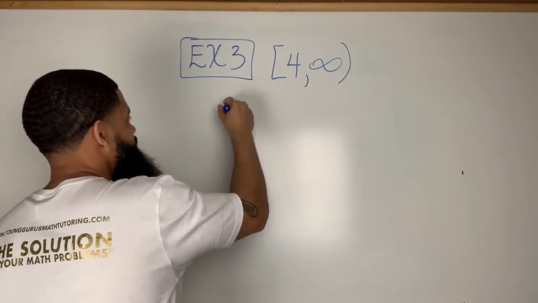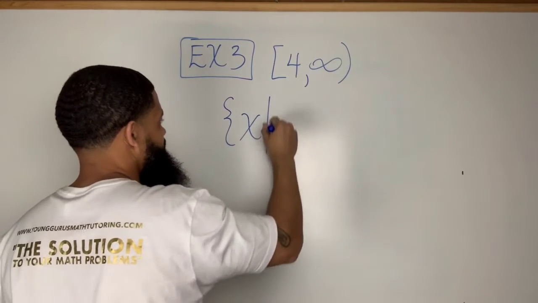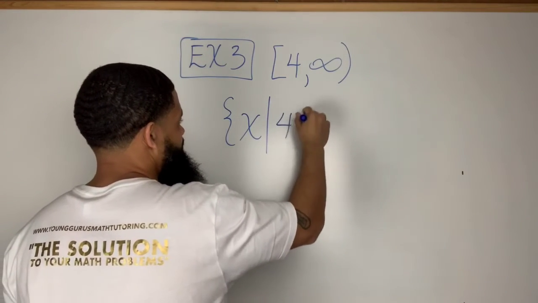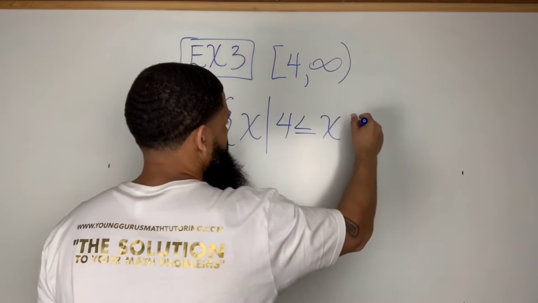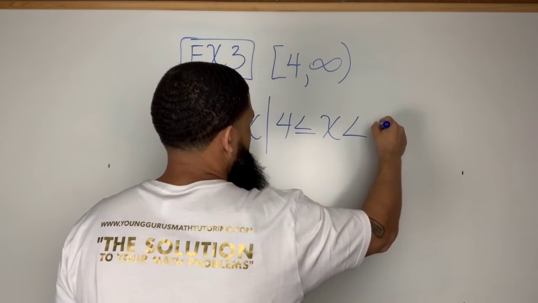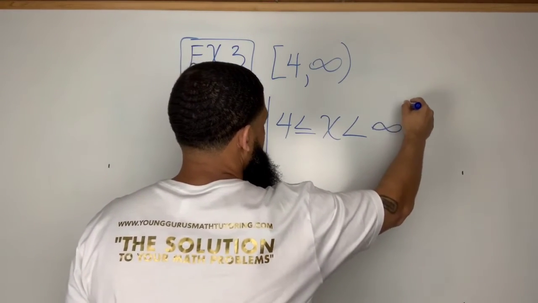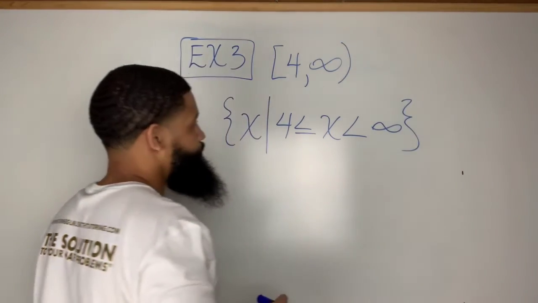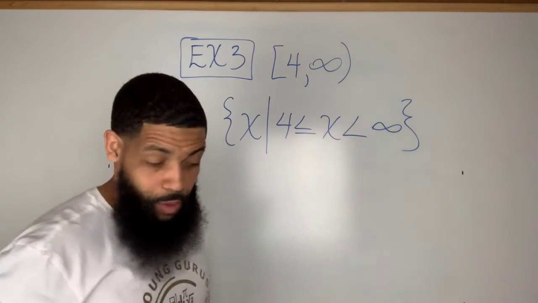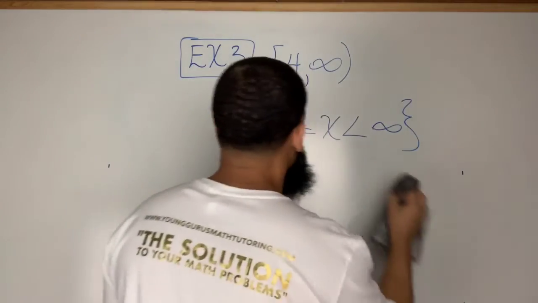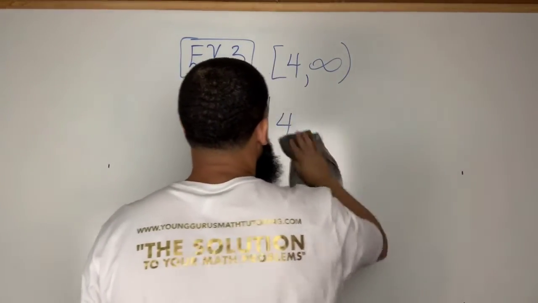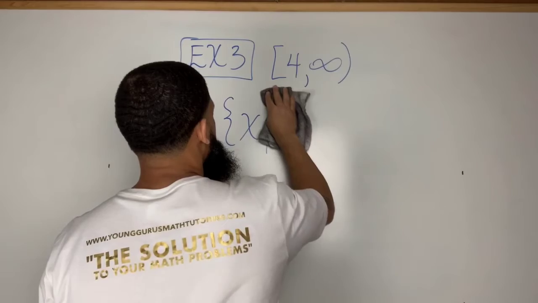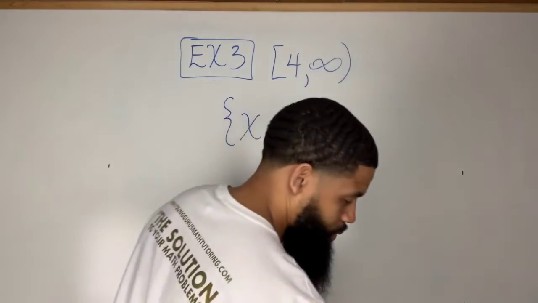All right, so this right here is the set of all x such that 4 is less than or equal to x, which is less than infinity. Actually, I'm sorry, I wrote that wrong. This actually is saying, we write this one like this.